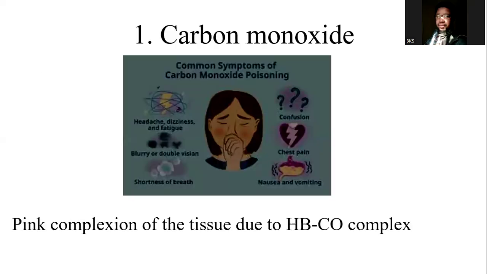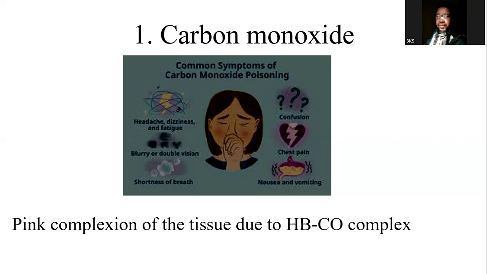So the next thing is I went ahead to highlight some of those metabolic poisons like carbon monoxide, and we made mention that carbon monoxide is a metabolic poison. One thing we mentioned about most of those metabolic poisons is that they have symptoms that make you think these are common diseases.